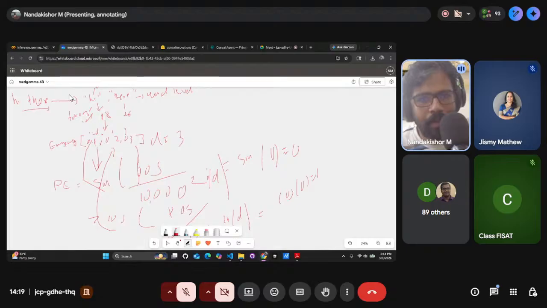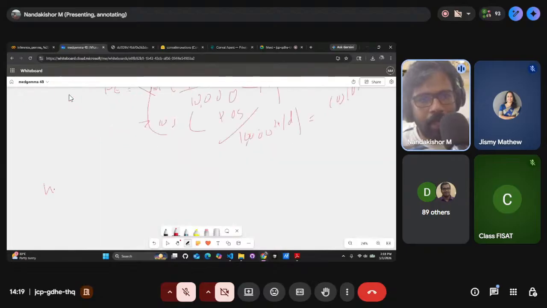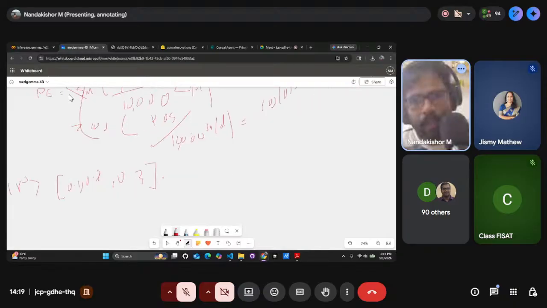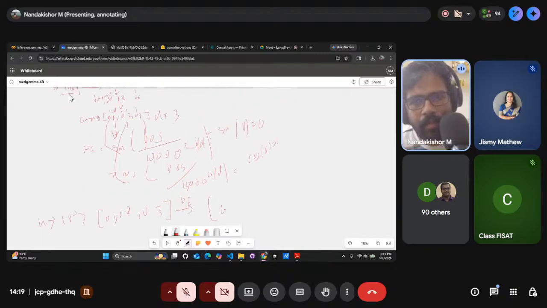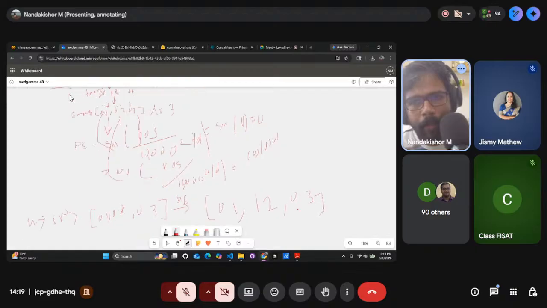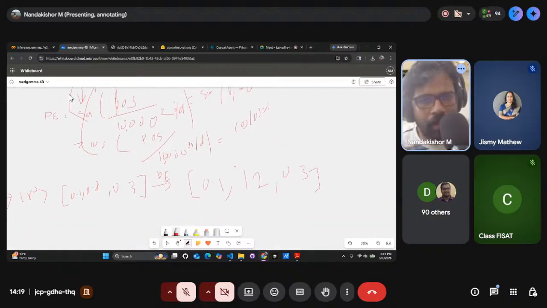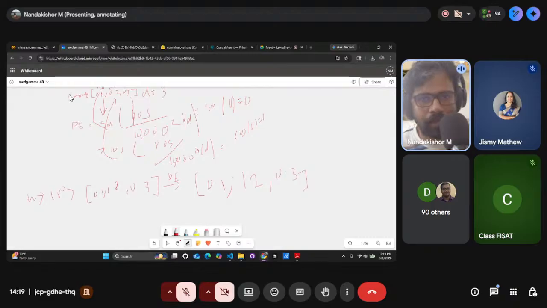So "hi" is converted to 18, then you have the embedding layer 0.1, 0.2, 0.3. Then you add the positional vector value: we add 0 to 0.1, which is 0.1; we add 1 to 0.2, which is 1.2; then again 0.3. That's how positional encoding for the vanilla transformer works.